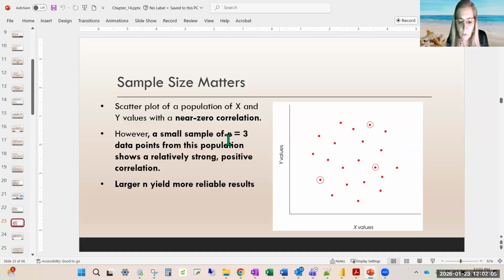But if you selected a larger sample and collected all their data, you might find that actually there's no relationship at all here. So small sample sizes can also lead to false positives.